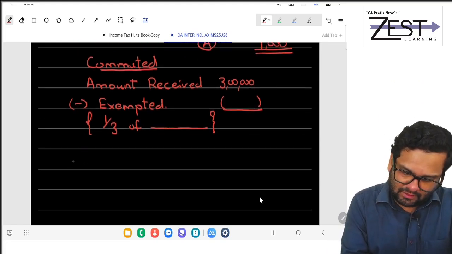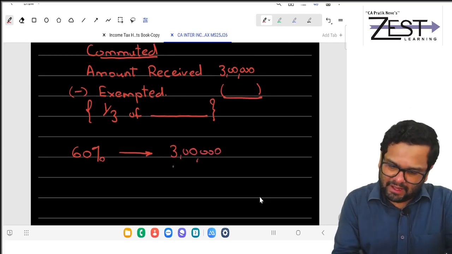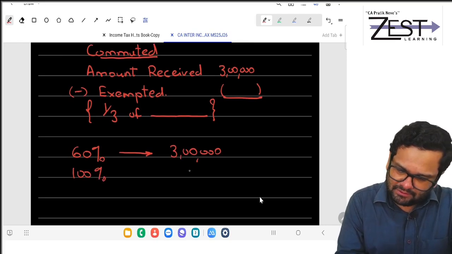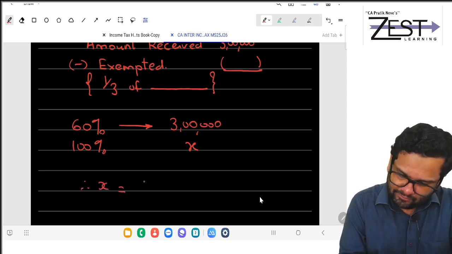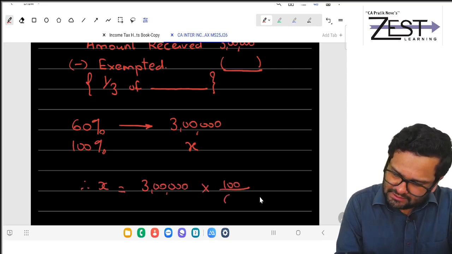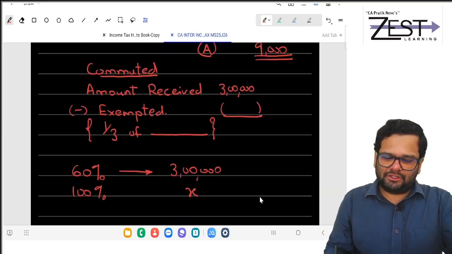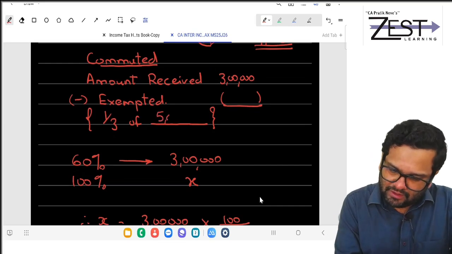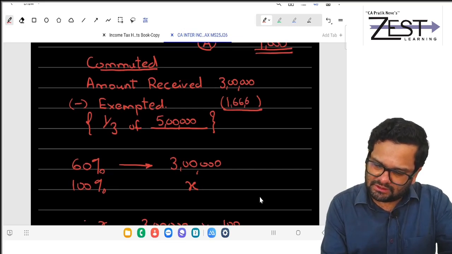So after commuting 60%, you are getting 3 lakh. By commuting 100%, what you would have got? So therefore 3 lakh into 100 by 60. How much you got? 5 lakh. So please do 1/3 of 5 lakh. 1,66,667.